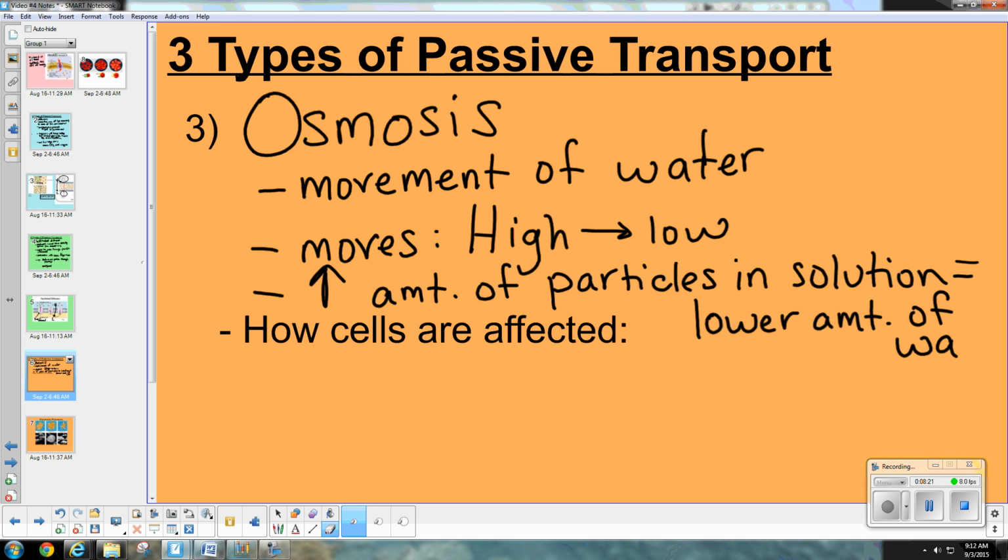Think about it: if you put a lot of sugar in a cup of water, there's not going to be as much water in that cup. So a lot of particles, a little amount of water. This is something to really keep in mind because osmosis isn't just one singular process. There are 3 ways that cells are affected, and that's what we're going to get into.